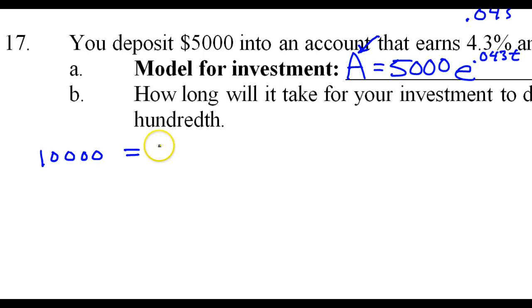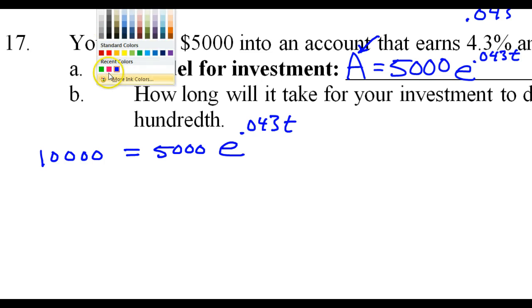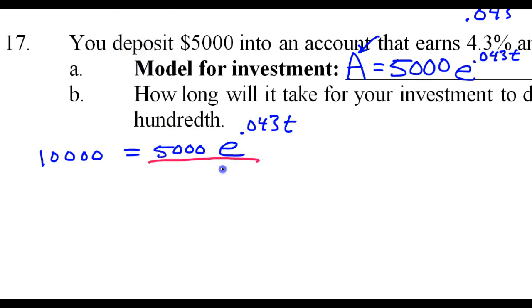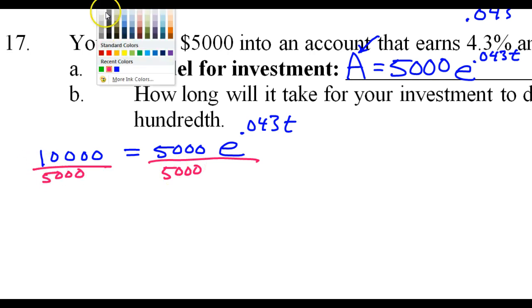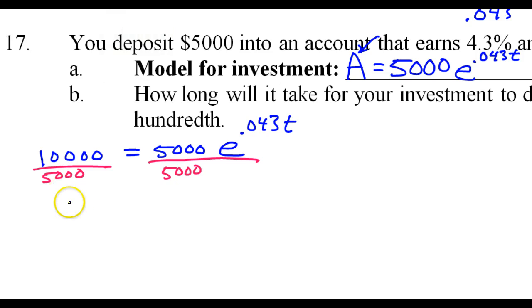That means 10,000 equals 5,000 e to the 0.043t power. To solve this, we divide both sides by 5,000. Of course we're going to get 2, because we said how long for it to double.